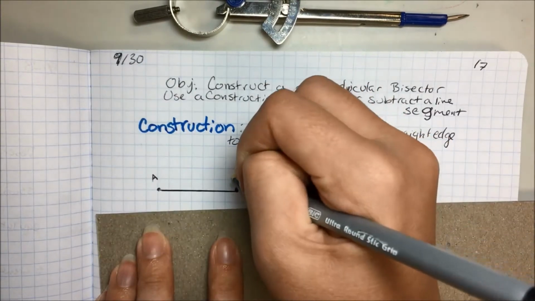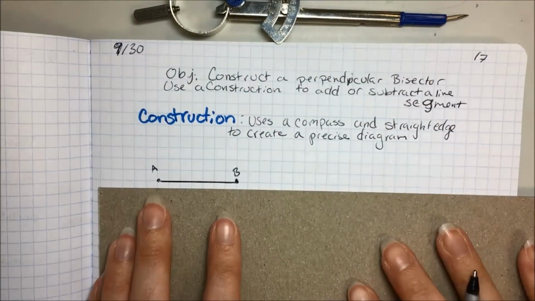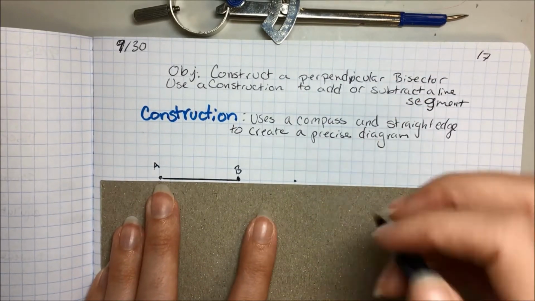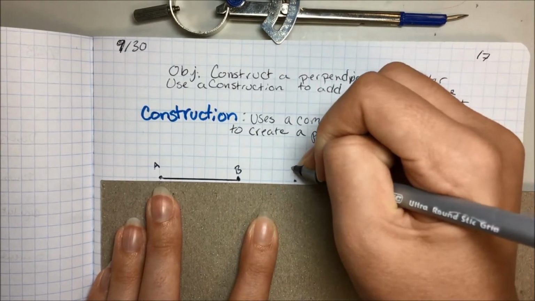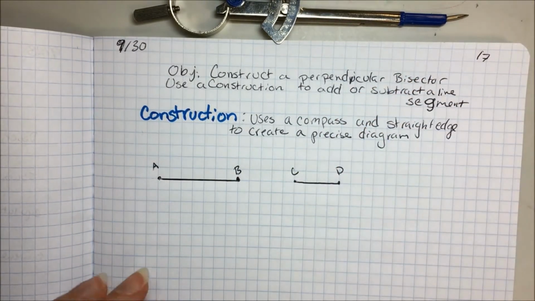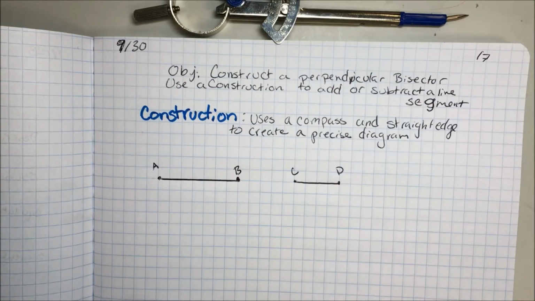We'll call this AB. And maybe the other one you'll make, I don't know, 4 boxes long. CD.